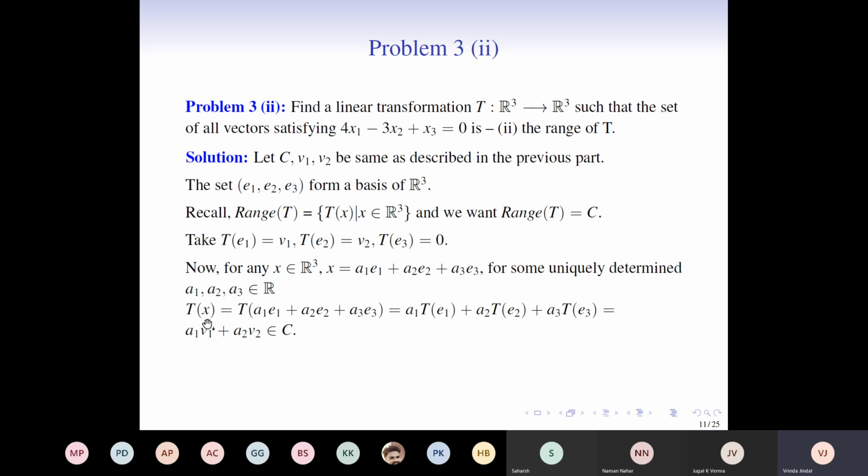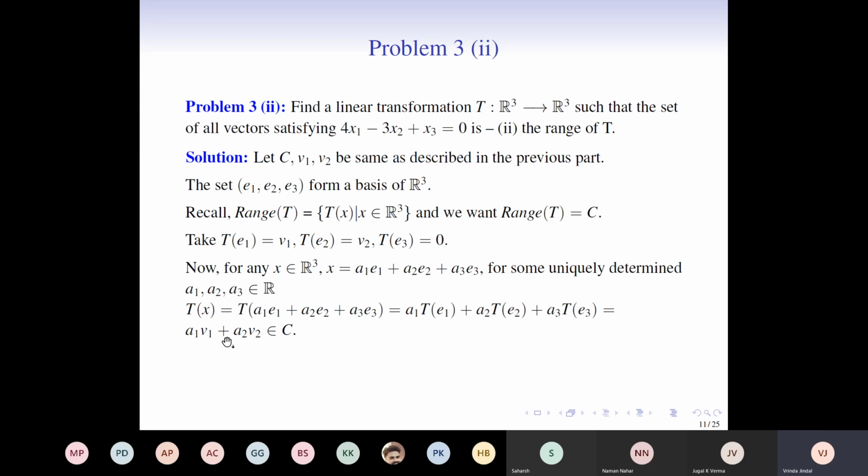So what is T of X? T of X is T of A1 E1 plus A2 E2 plus A3 E3, and because T is a linear transformation, we can write this as A1 T of E1 plus A2 T of E2 plus A3 T of E3. And T of E3 we have defined as 0, so that term goes to 0, and T of E1 and T of E2 have been defined as V1 and V2.